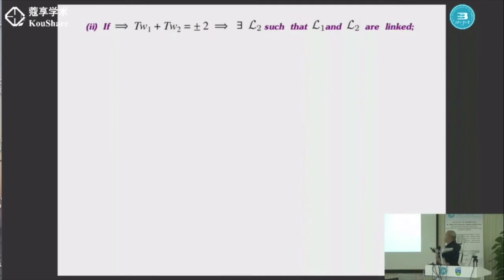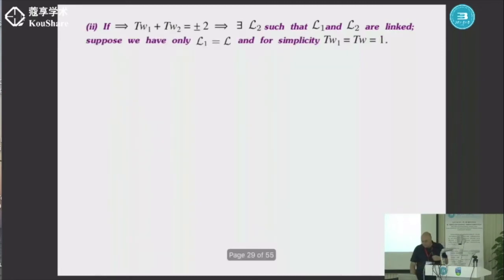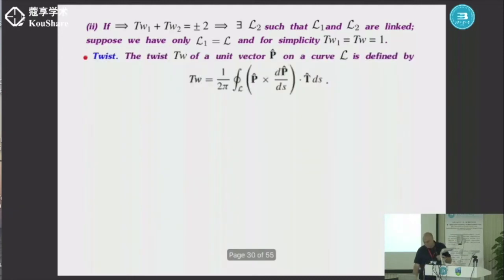So the statement is, if we have this twist present, and for simplicity I will consider the vortex ring with a twist equal 1 on it, then there must exist a second defect, so that it is linked with the other one. Okay, so we suppose that we consider just one defect existing, and for simplicity we take twist equal 1 on that, and for me that one would be a vortex ring.